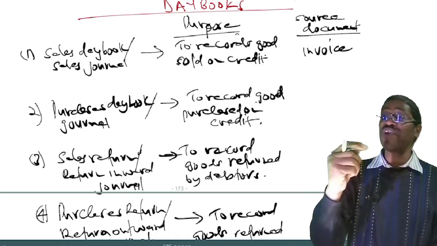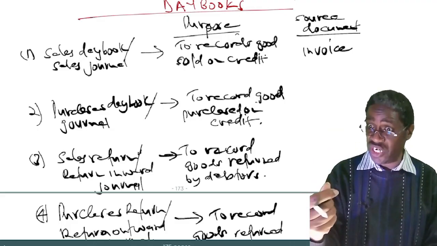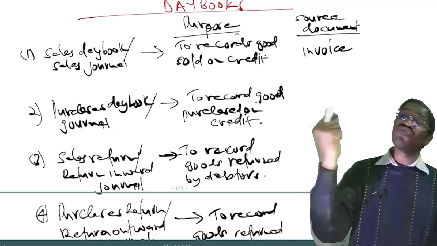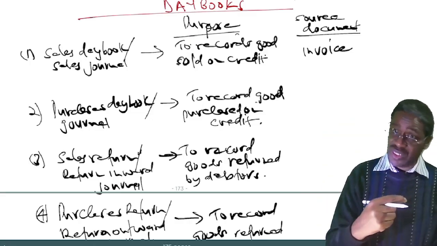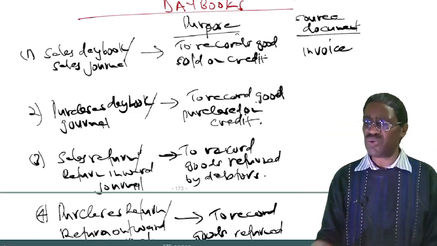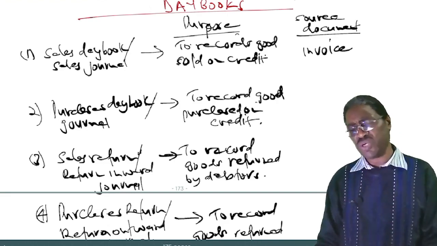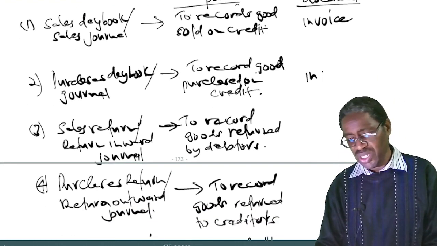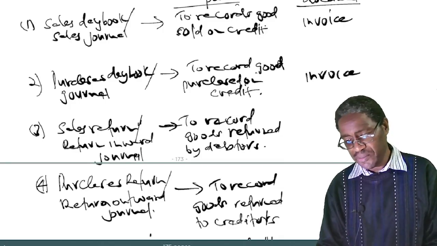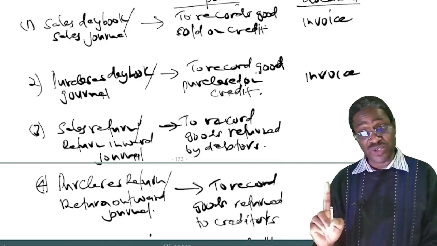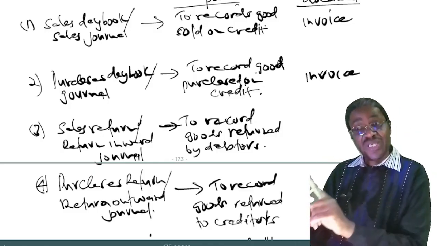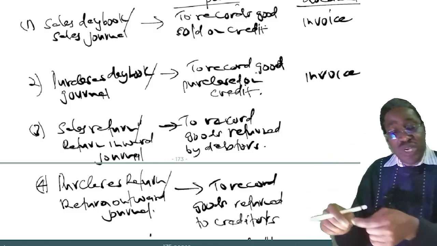Just like you gave an invoice when you sold goods on credit, now you are buying on credit, they will also give you an invoice. So the information your accountant will use to record in this book, again, is a document we call an invoice. But don't forget about the two invoices. One is the invoice you are sending to your customer, and the second one is the invoice you are receiving from who?